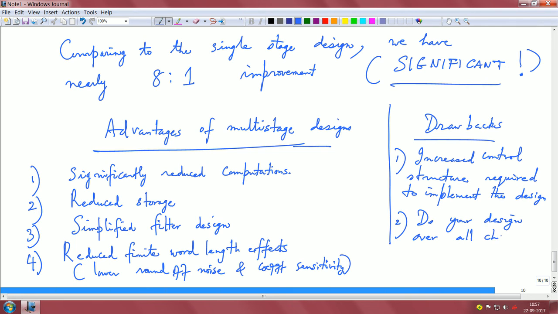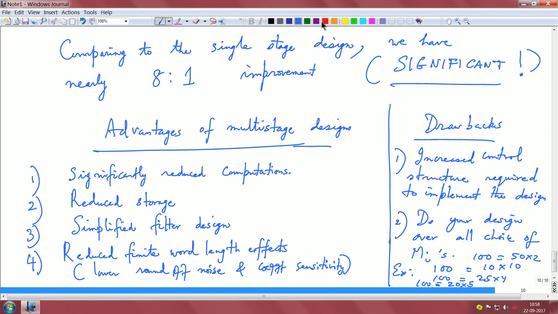over all choice of M's. For example, if I want to realize 100, I might do it 50 times 2. 100 is 10 times 10, 100 is 25 times 4, 100 is 20 times 5, and we also looked at the case where 100 is 50 times 2.